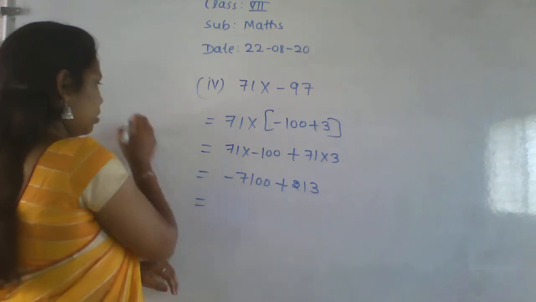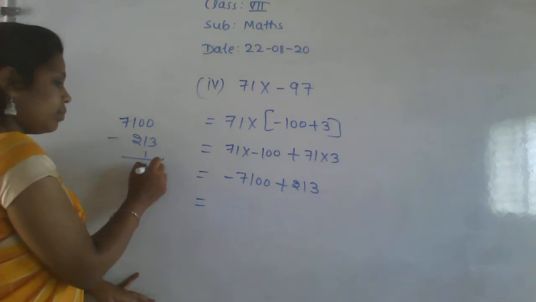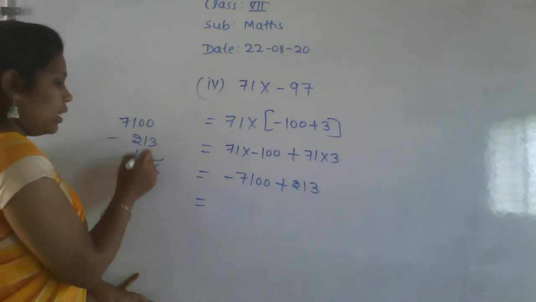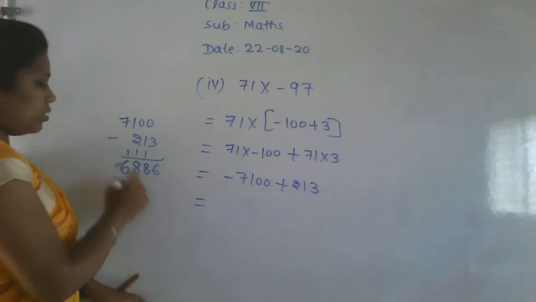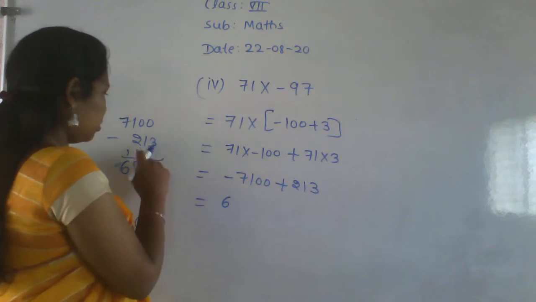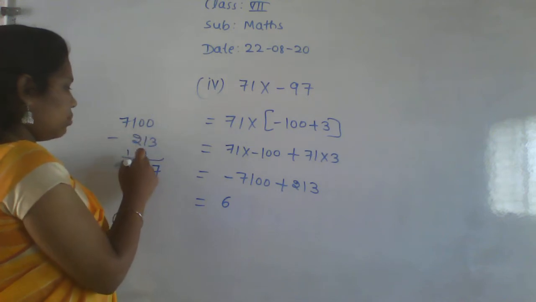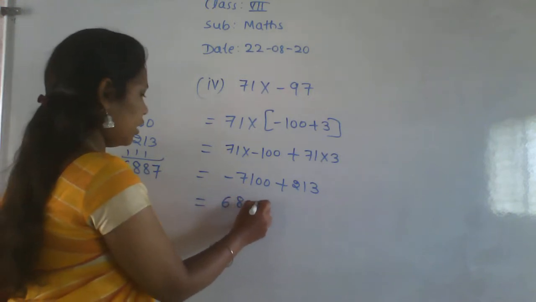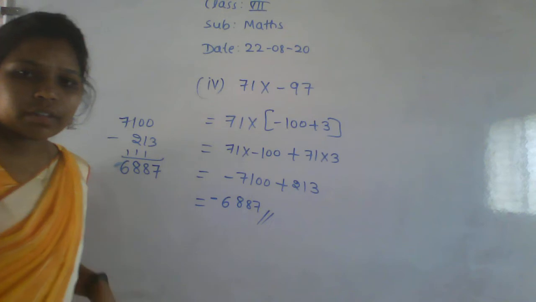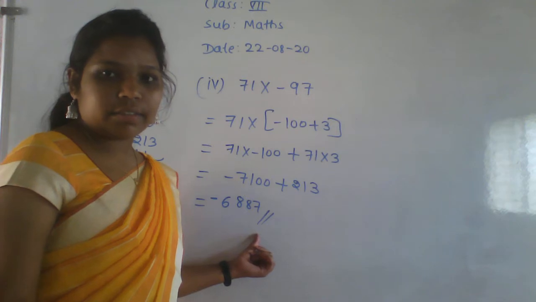Now subtract the values, 7100 minus 213. 10 minus 3 is 7, 10 minus 2 is 8, and 11 minus 3 is 8, 7 minus 1 is 6. So here the answer is minus 6887.